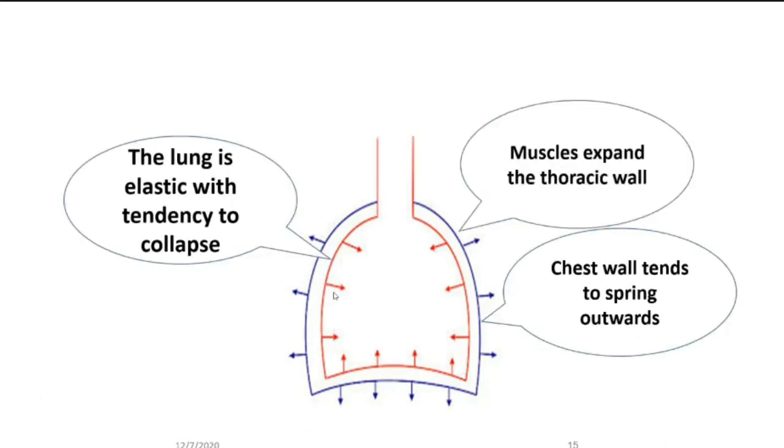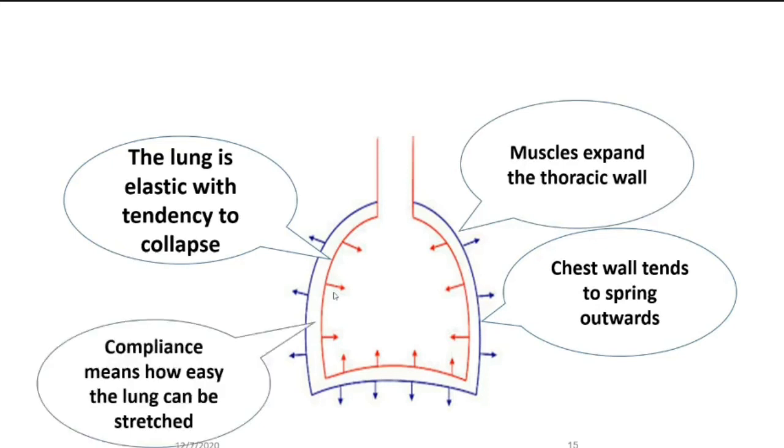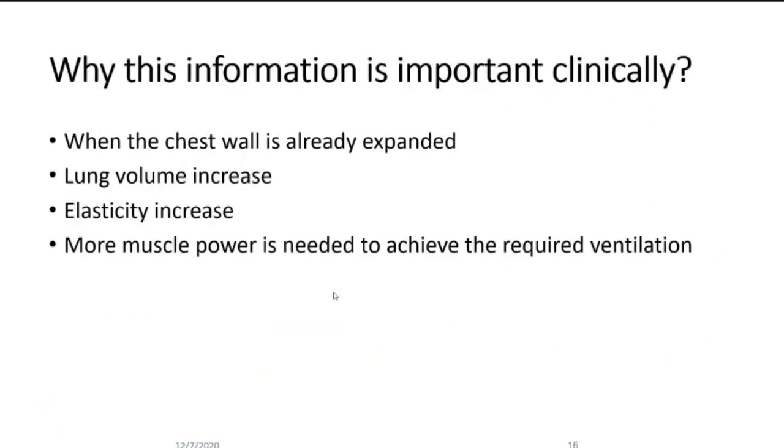Muscles will expand the thoracic wall, and the compliance of the lung means how easy the lung can be stretched. When the wall is already expanded, lung volume and elasticity increase, which means more muscle power is needed to achieve the required ventilation.